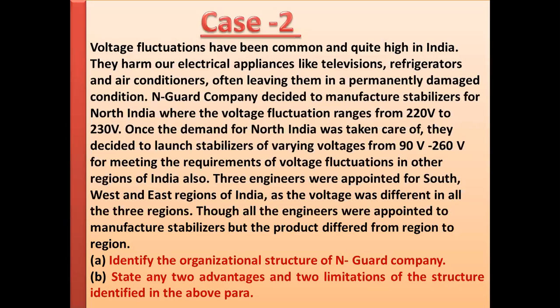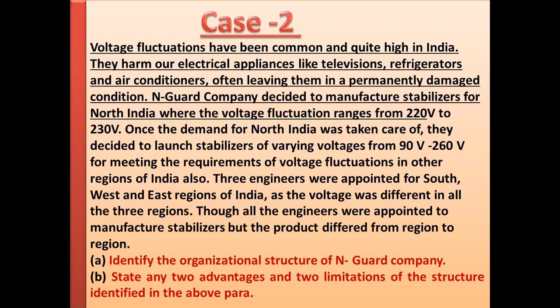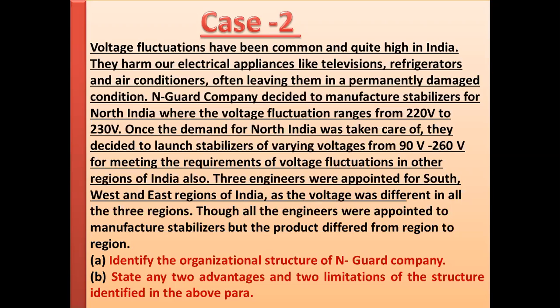The case is, voltage fluctuations have been common and quite high in India. They harm our electrical appliances like television, refrigerator, and air conditioners, often leaving them in permanently damaged condition.